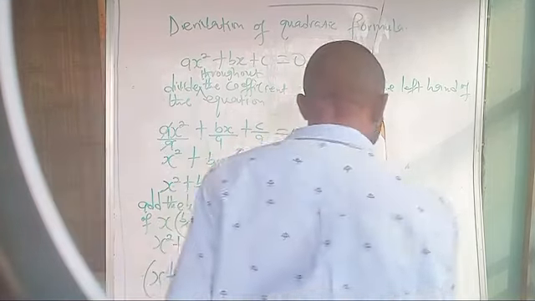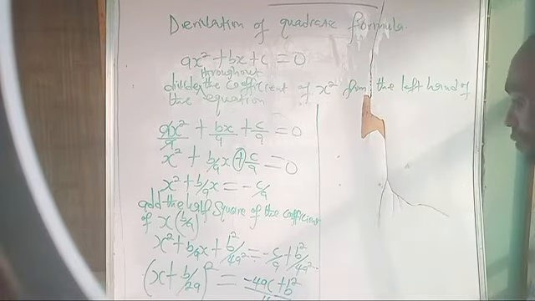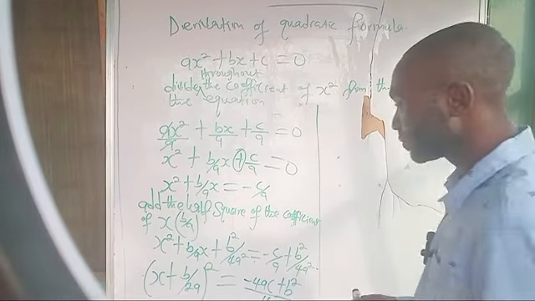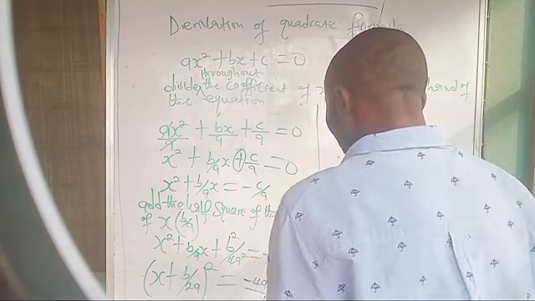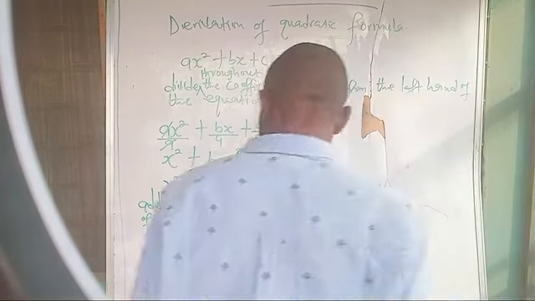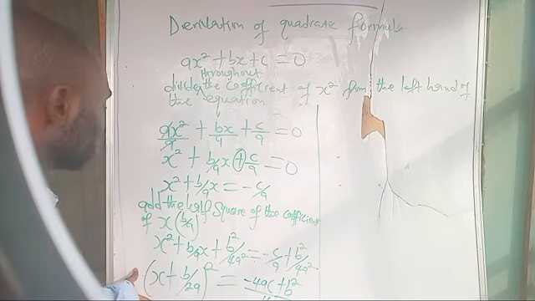So now, once you have this, as I explained, you are going to take the square roots from both sides.